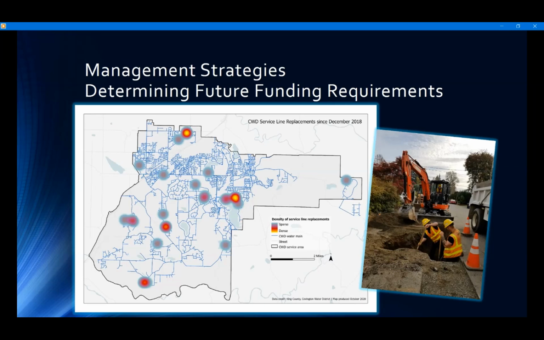So when our folks are out there working in the field, they're noting the soil types and getting a sense of what the condition is for the services in these respective areas. And that's just another tweak to our management strategy, that we can tag these assets accordingly in this area.